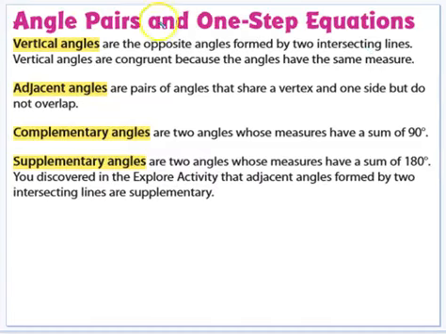So angle pairs and one-step equations. Here it is, class. Vertical angles are the opposite angles formed by two intersecting lines. Vertical angles are congruent because the angles have the same measure. So I'm going to try my best. I didn't mean to make that little mark right there. Imagine that these are perfect, class.